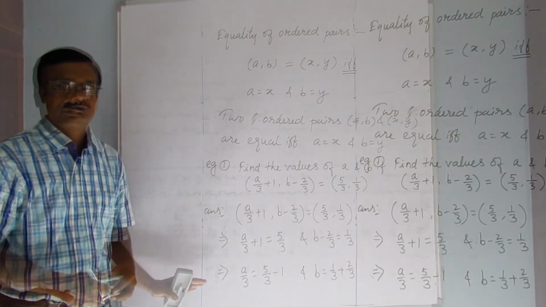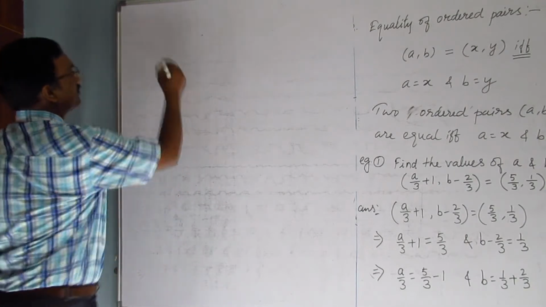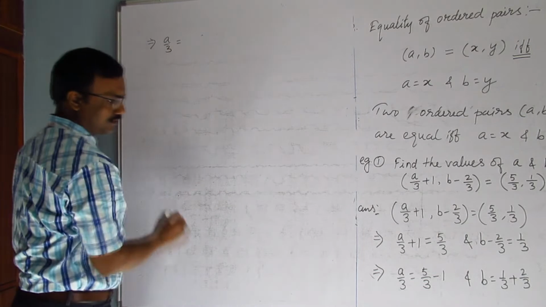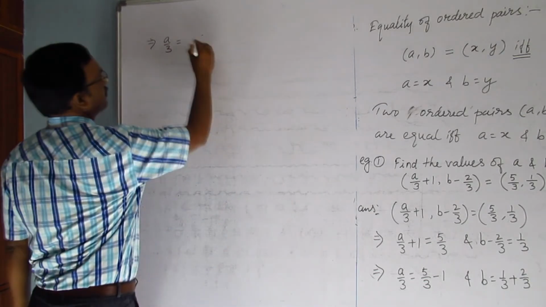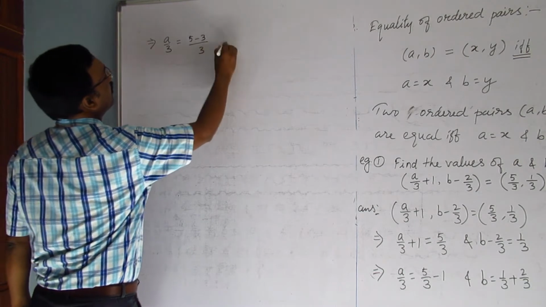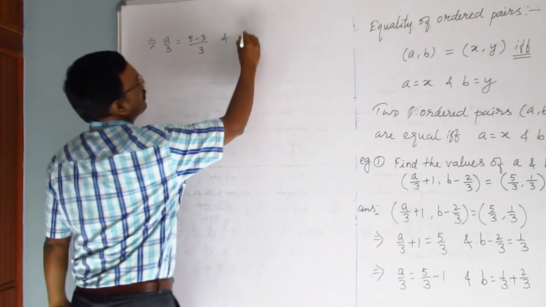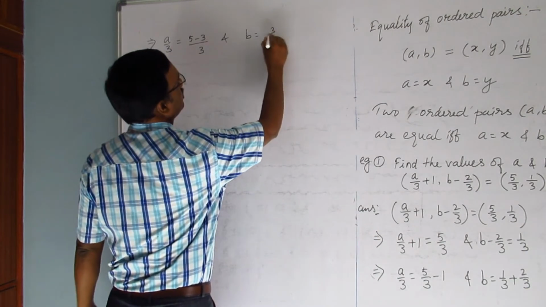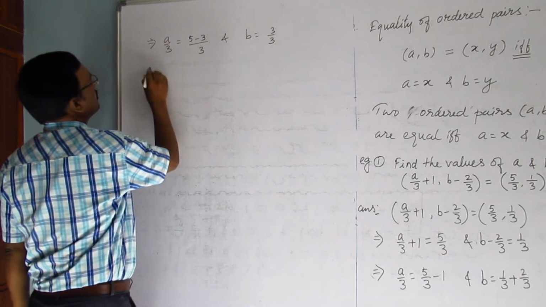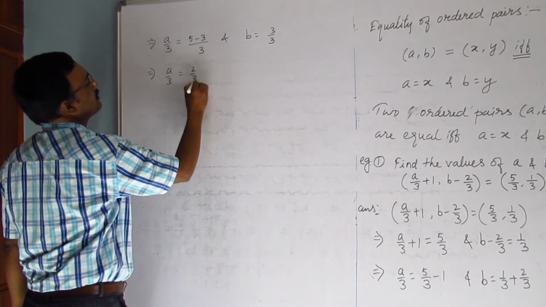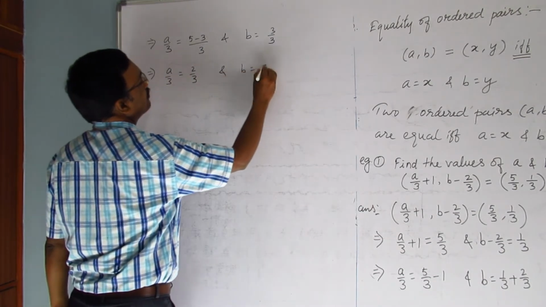Right. Now from there we can write a/3 is equal to (5 - 3)/3, and there we can write b is equal to, taking LCM, (1 + 2)/3. So this gives a/3 is equal to 2/3 and b is equal to 1.